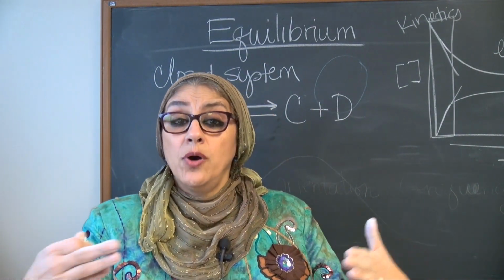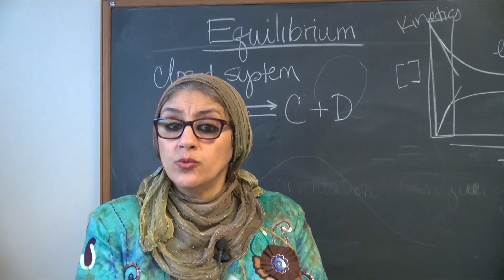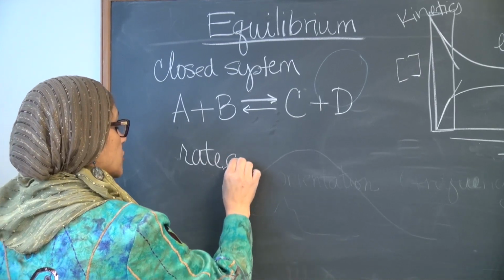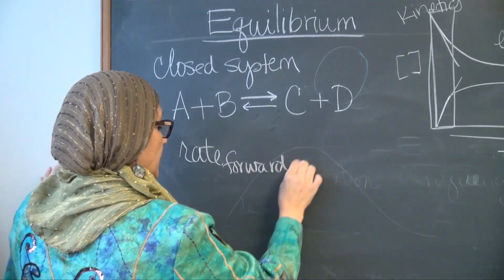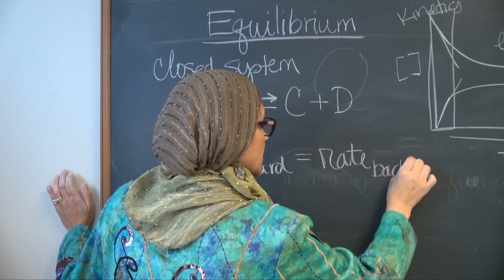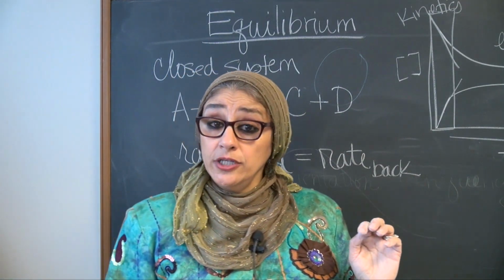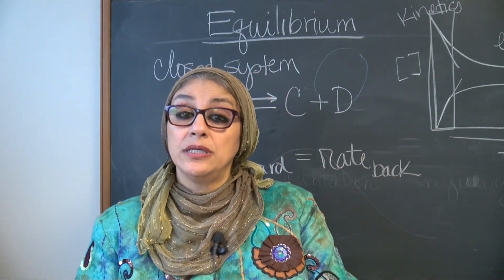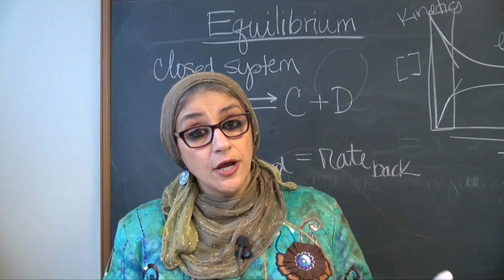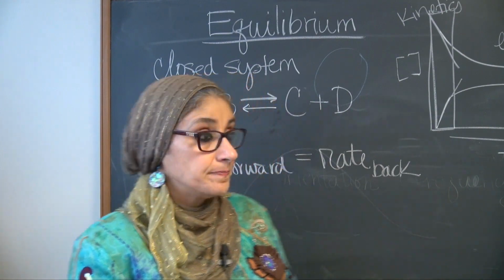So now we have opposing reactions happening at the same time. And when they reach a point where the rate of the forward reaction is the same as the rate of the reverse or back reaction, this is what we're going to get. The overall concentrations of all the species are being reacted at the same rate as they're being produced, hence their concentrations remain constant, or partial pressures.